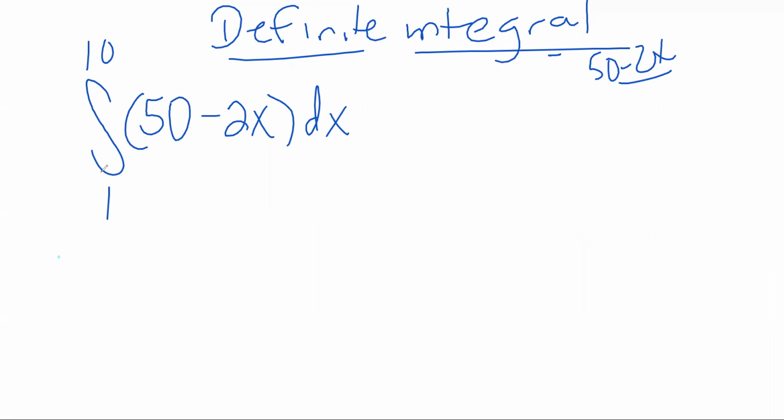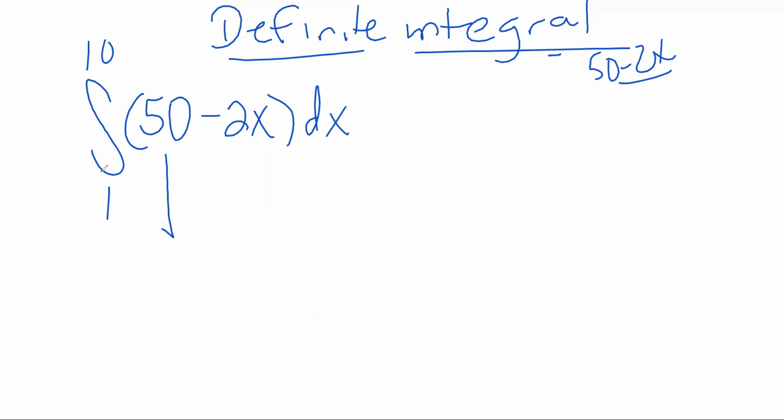All I know is that first of all, we need to find 3 things. We need to find the antiderivative of 50 minus 2x.